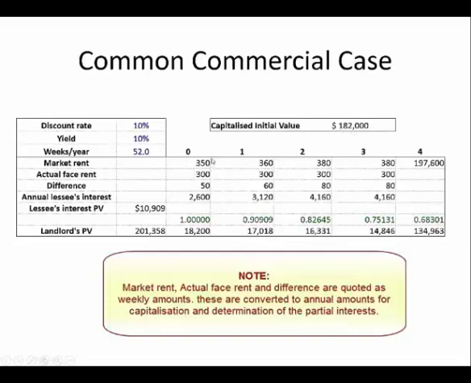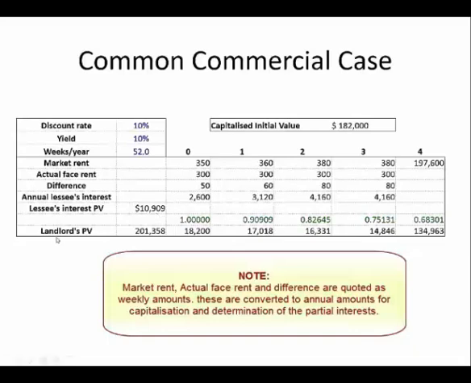However, the landowner isn't really enjoying all of that because there's this interest which is being split with the tenant. In this case, the lessee's interest, the tenant's interest, runs to about $2,600, $3,000, $4,000 per annum as a result of that weekly gap of $50 to $80. By the time you take that as a net present value, it means that the total present value of the lessee's interest is $10,000, almost $11,000.